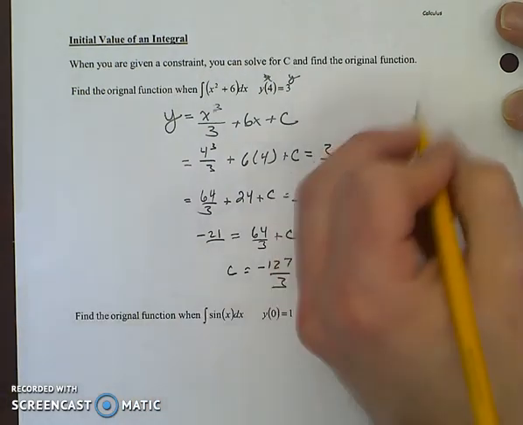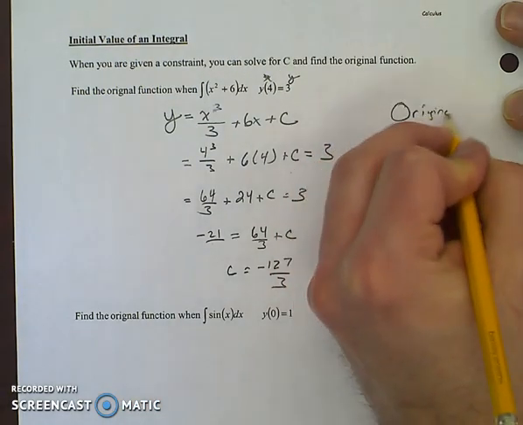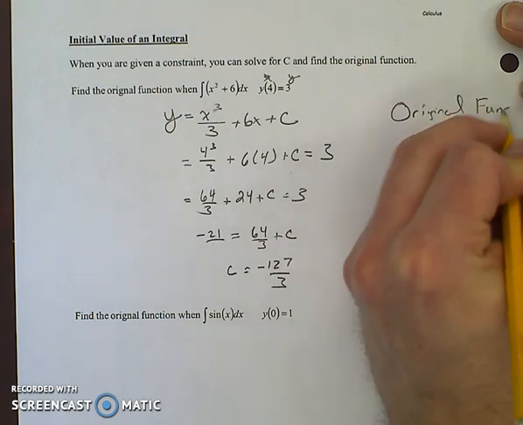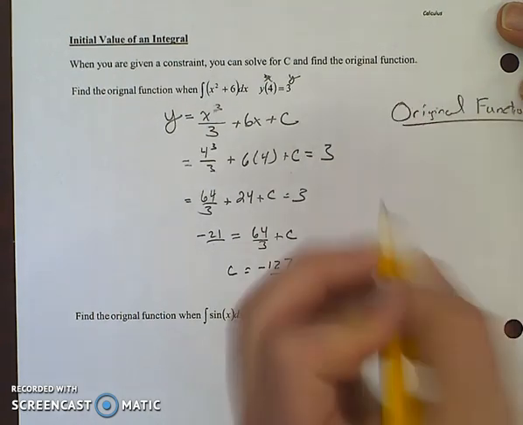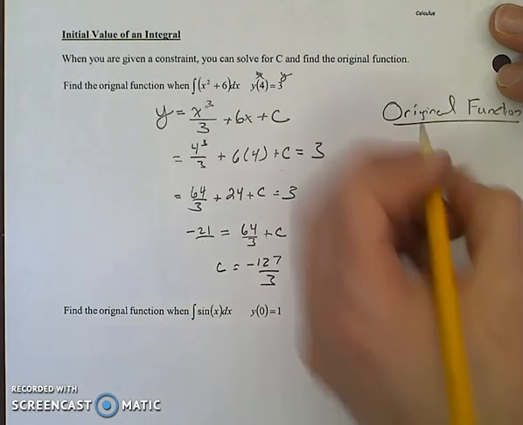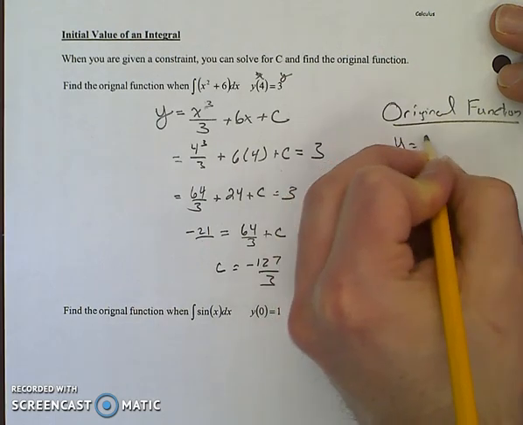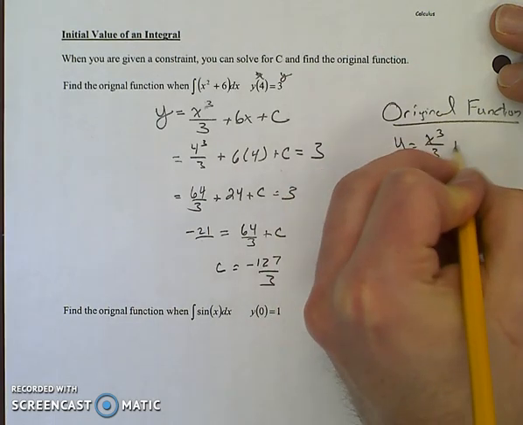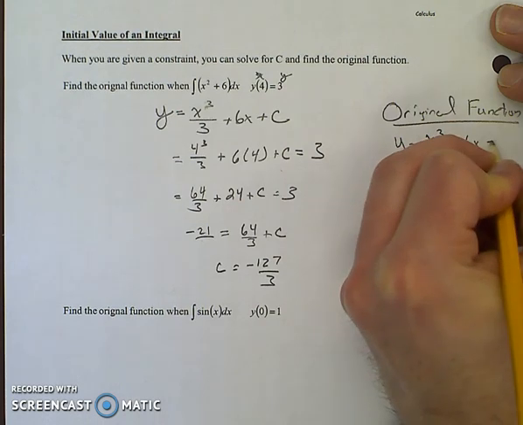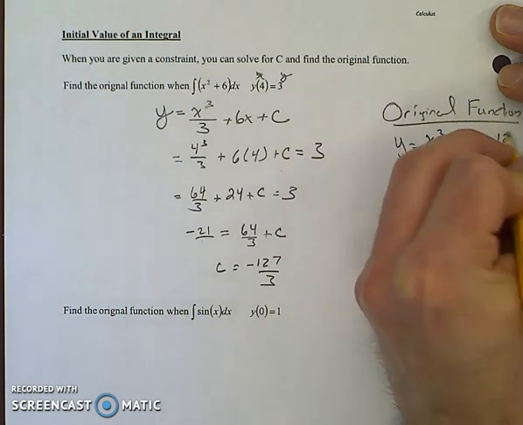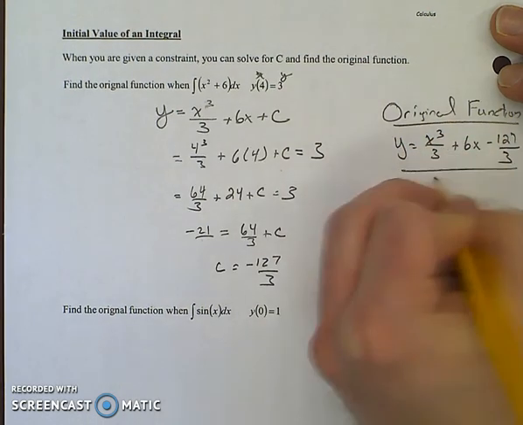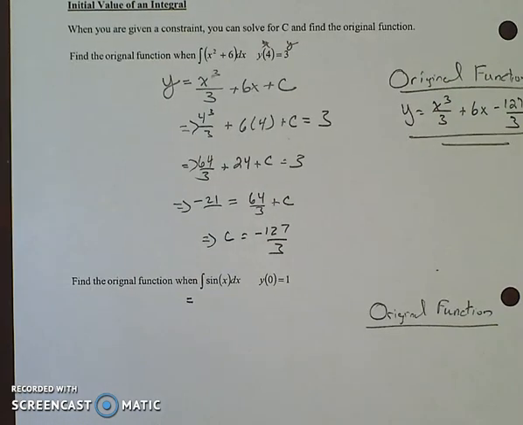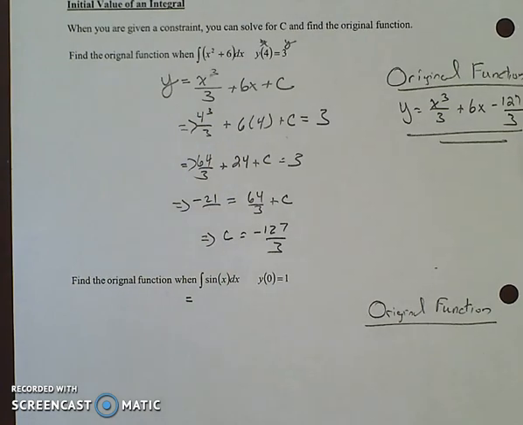And so our final original function, we wanted to write it out, is y equals x cubed over 3 plus 6x minus 127 over 3. One of the main things that I did forget on this one is the implied symbols, because you can't have two equal symbols.